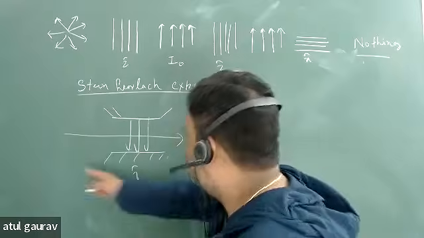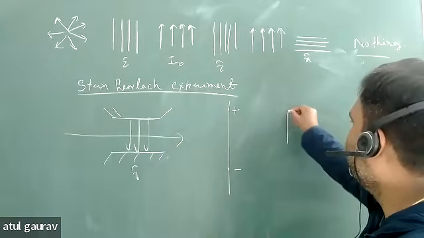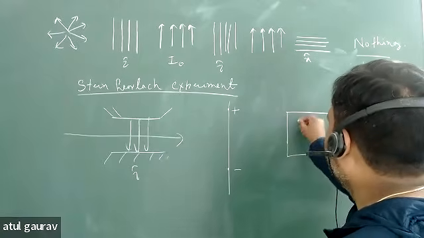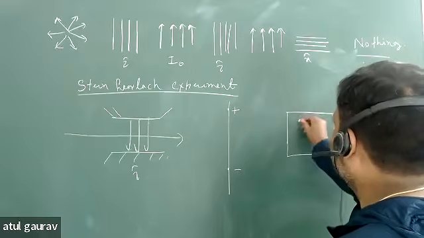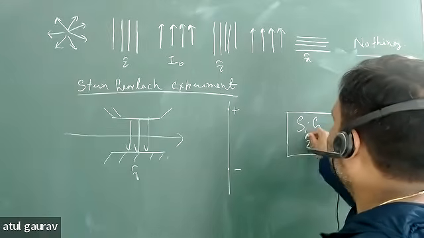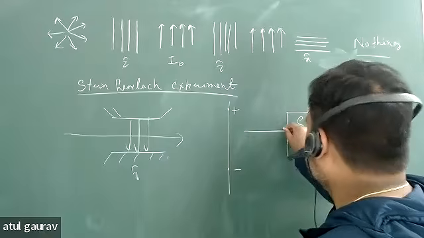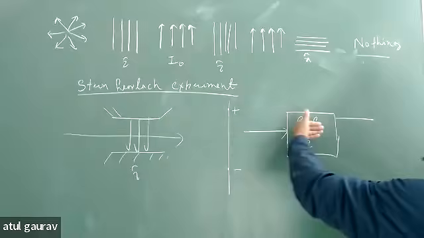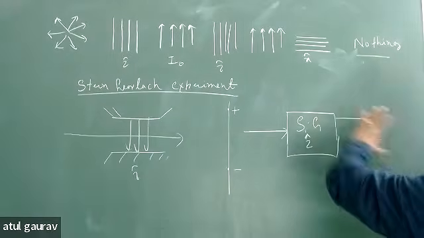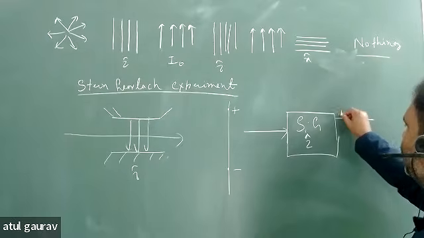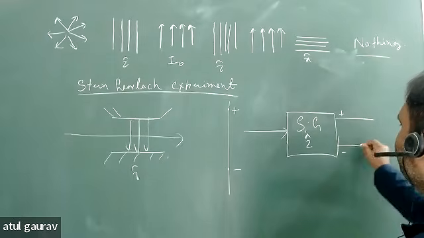The whole setup can be symbolically given by this notation, SG in z cap direction. Electrons are coming and passing through this particular setup, then you have either plus or minus.